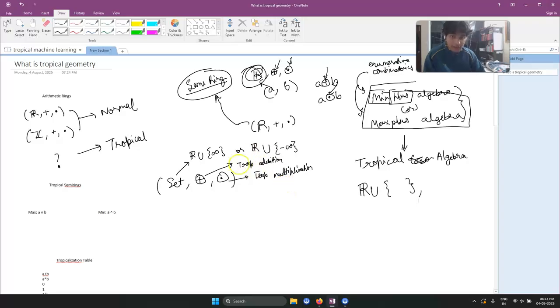For our tropical addition, we're going to have the min function, so min(a, b), for a, b belonging to our set, whatever is inside the set. And our tropical multiplication is going to be switched out with addition, so a plus b.